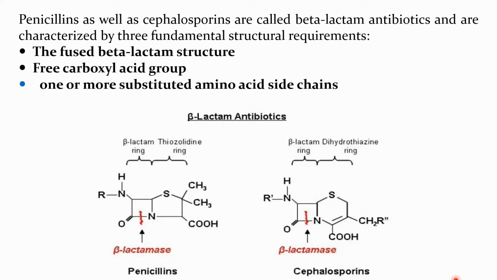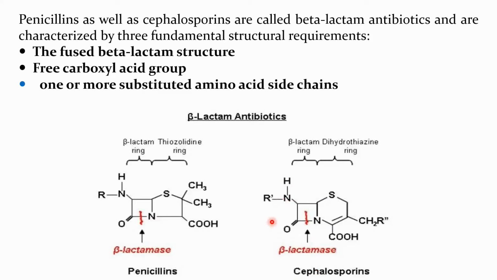Number one is the fused beta-lactam structure. Number two is the carboxylic acid group that should be free. It should not be modified or bonded with some other molecule. And the third one is the substituted amino acid side chain. This is the free carboxylic group and this is the amino acid side chain.